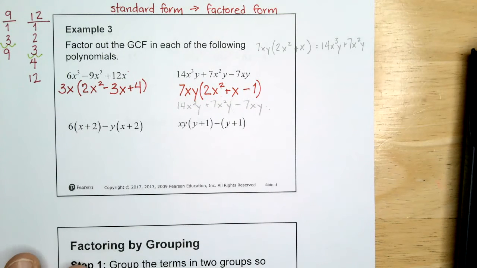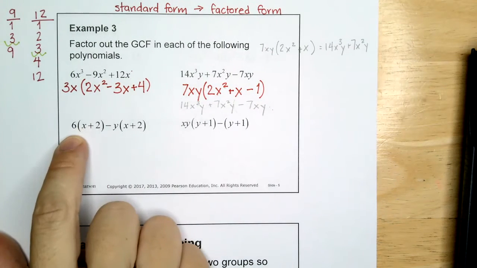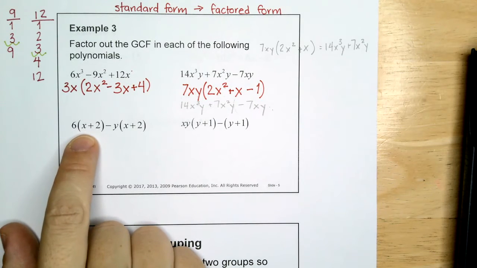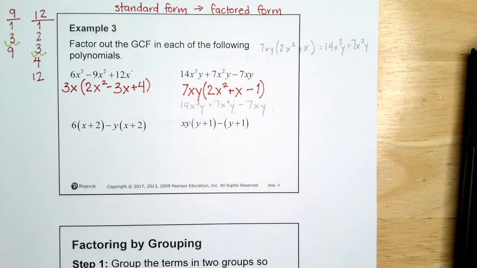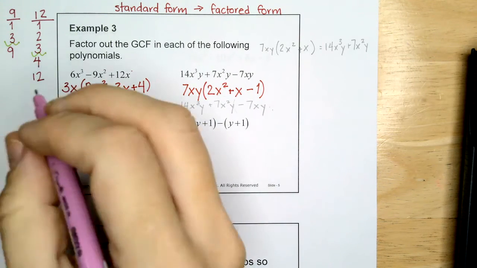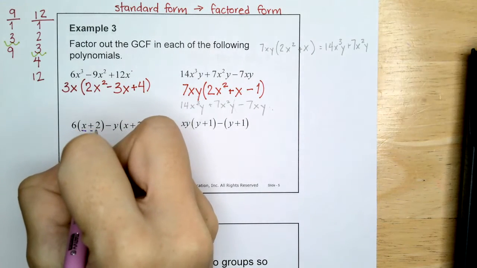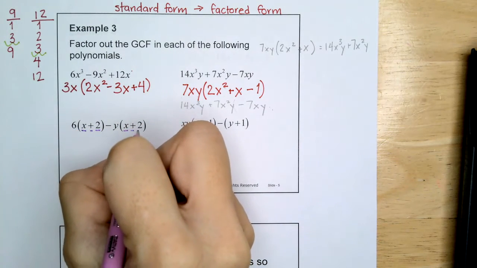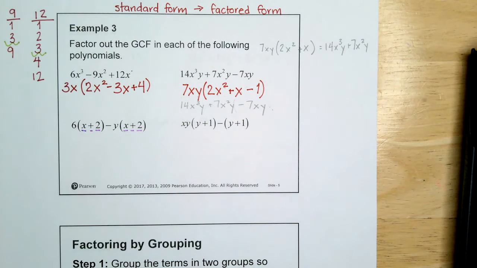Okay. Here are some parentheses. You might be thinking, I need to clear these parentheses. But do you see how they are exactly the same parentheses? X plus 2. X plus 2. So they are actually a common factor. Yeah?